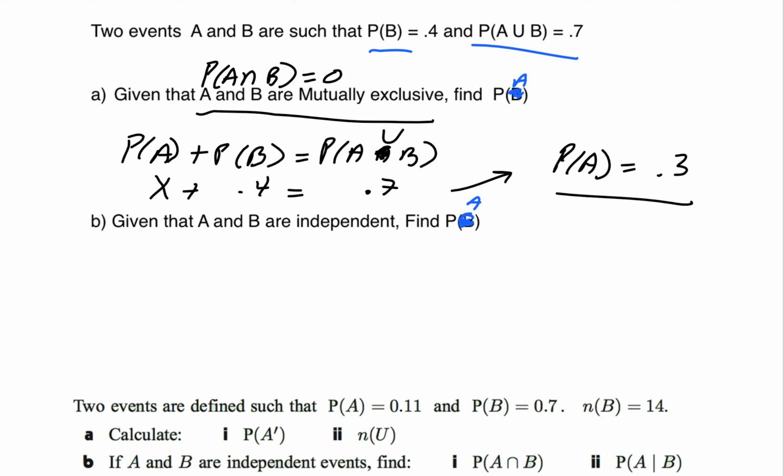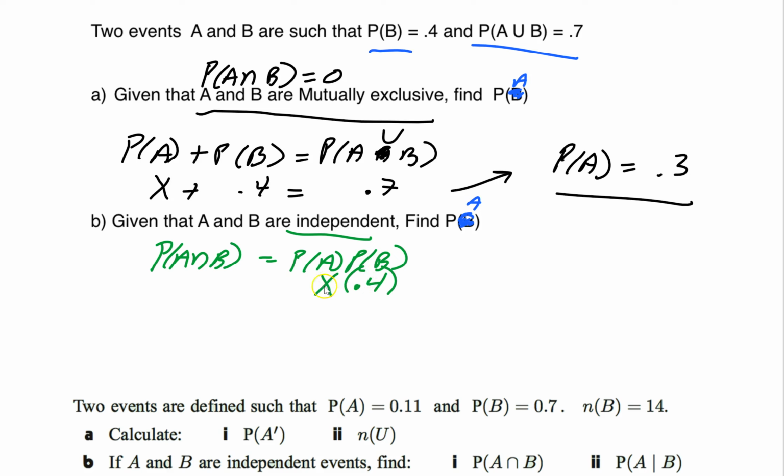Now, if they're independent, right? So this one says, given they're independent, it starts a different problem. Start brand new. Independent means something different. That means the intersection equals the two things times each other. So in that case, let's put down what we know. We know this is 0.4.